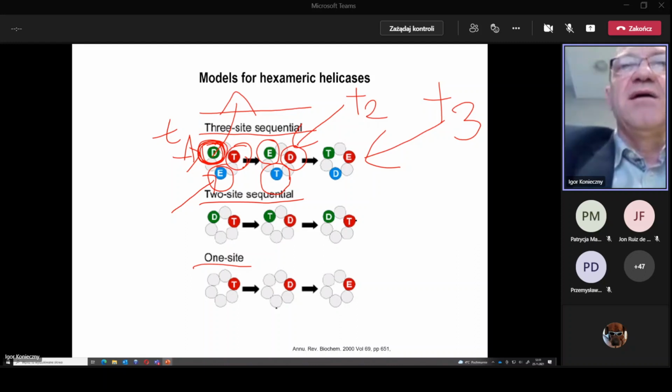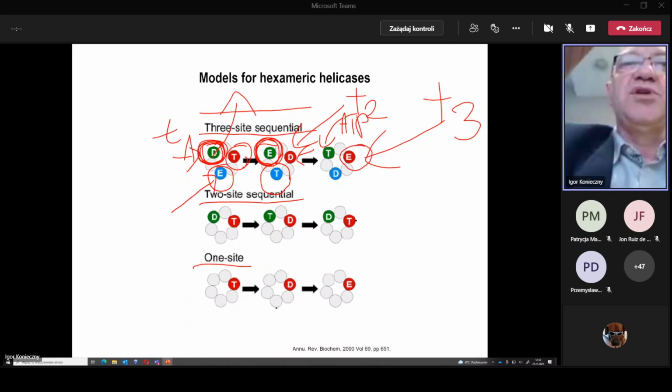Then in the next time step, in this sequence, the empty one is now loaded with ATP. ATP comes here. This one, which had an ADP, releases it, and it's empty right now.